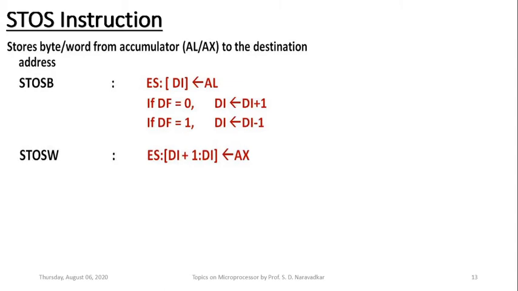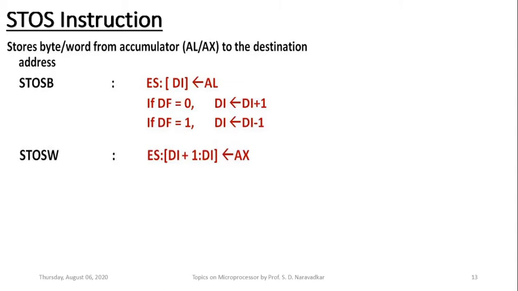It means that two offset locations are obviously required, and both will be from the extra segment. The lower will be DI, the upper will be DI plus 1. So accordingly, both the locations are shown inside the square bracket. The DI offset is shown on the right side inside the bracket and DI plus 1 is shown on the left side because it is the higher location.